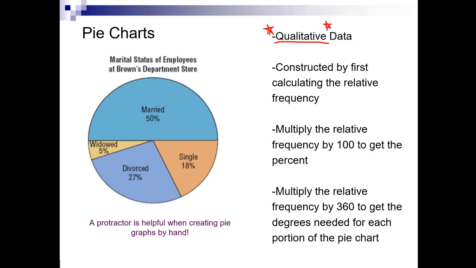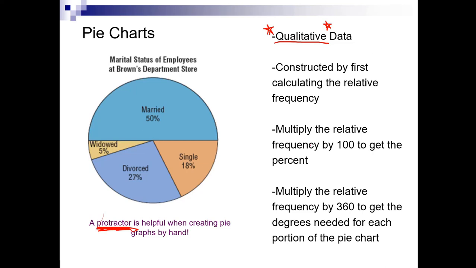Okay, so how you would construct this by hand is by using a protractor, and you would have to use that relative frequency in order to come up with the degree measurement for each of those pie slices.